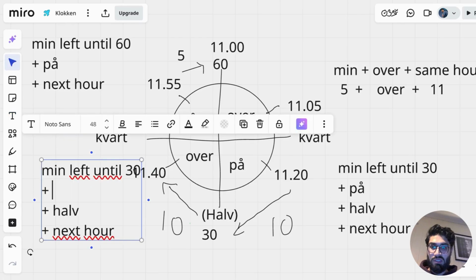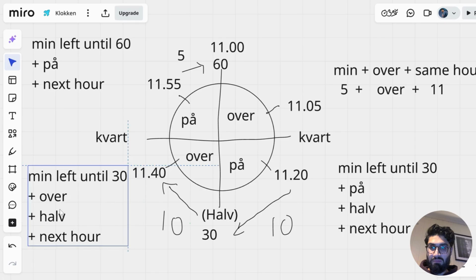In this case, we just replace på with over. So 11:20 will be like this: ti på halv 12. 11:40 would be ti over halv 12.